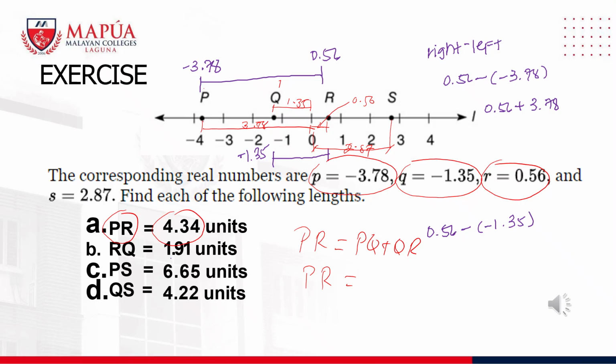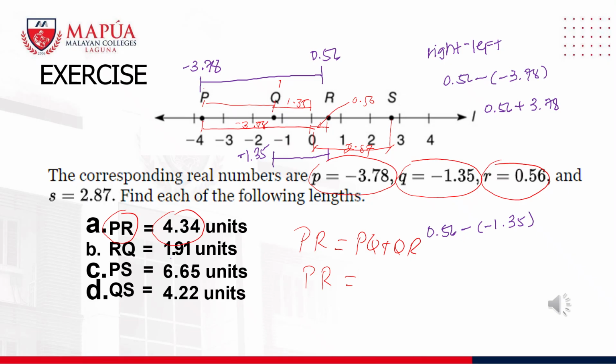This is the distance from P to Q, which is simply 3.78. This is negative, but in terms of distance, take the absolute value. So 3.78 minus 1.35, which is Q. As I've said, we're talking about distance, class, so you take the absolute value.